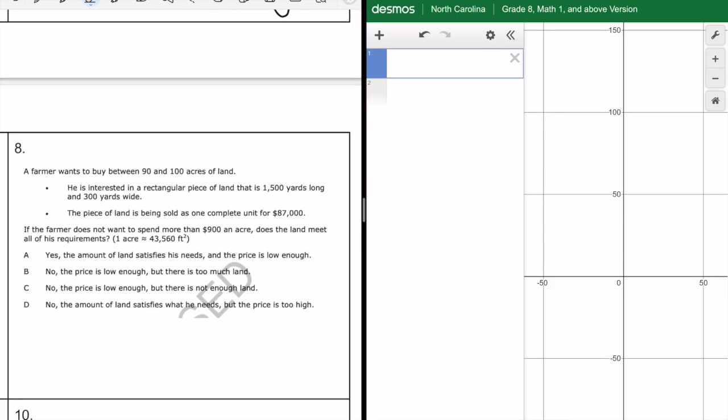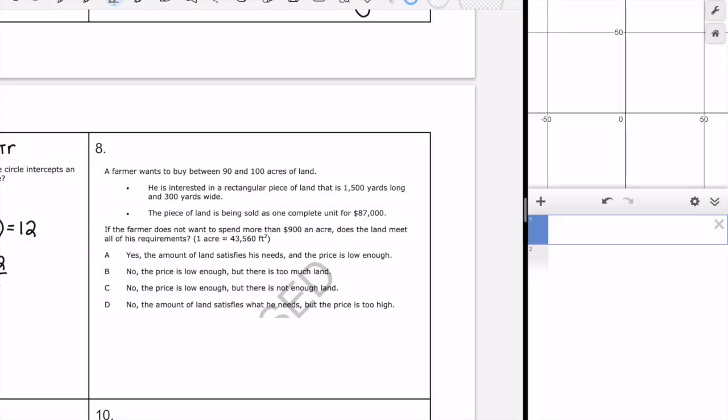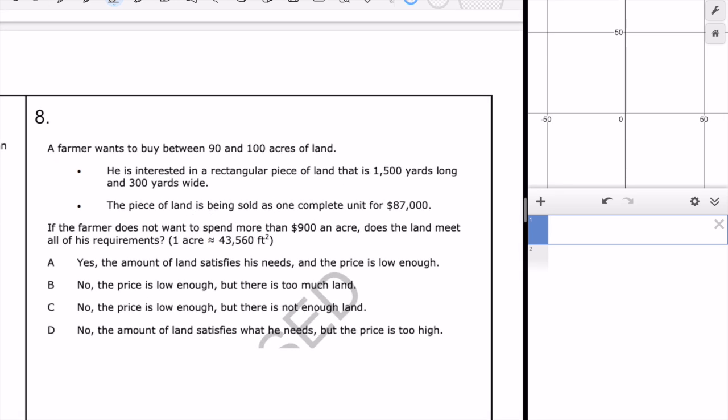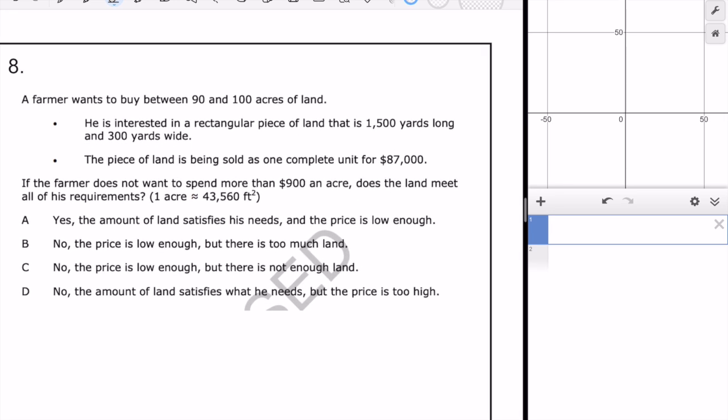All right, so number 8. Number 8 says a farmer wants to buy 90 to 100 acres of land. He is interested in a rectangular piece of land. In my rectangular piece of land, it says that the land needs to be 1,500 yards in length, and then it says it's 300 yards wide.